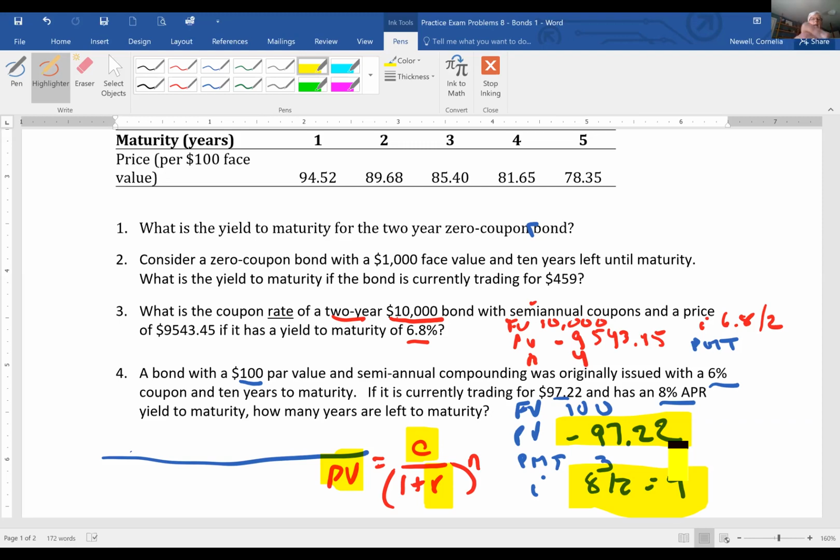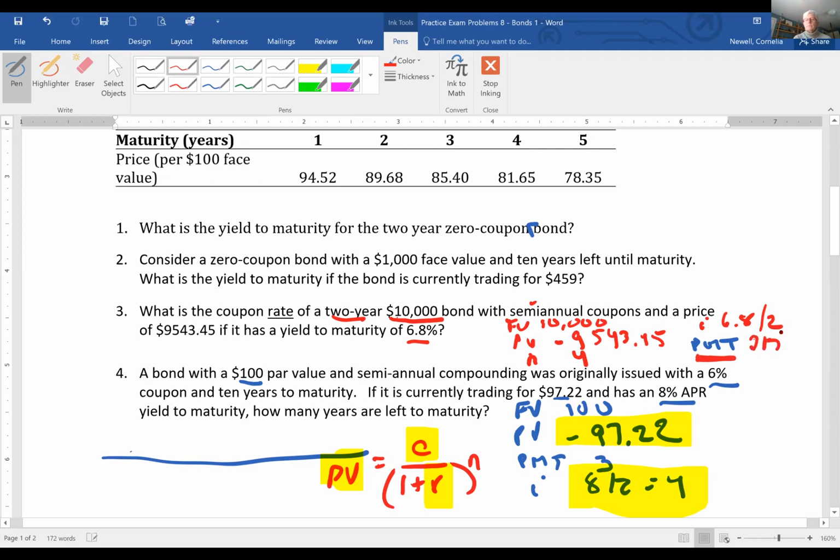Think about that for a moment and I will come back to it. So up here, when we solve for payment, we're going to get 21599. That is the payment we're getting every 6 months because it's a semi-annual payment. So in order to figure out the coupon rate, coupon rate times face value equals the annual payment.